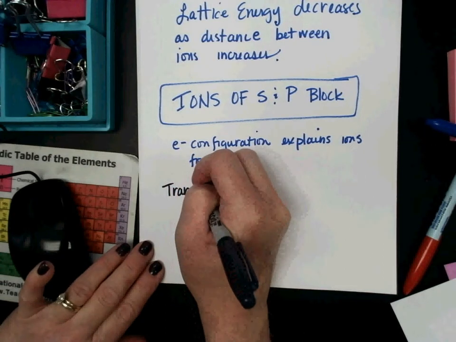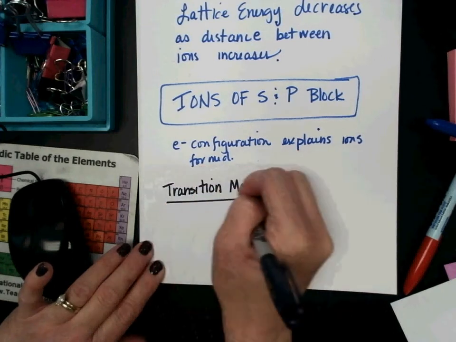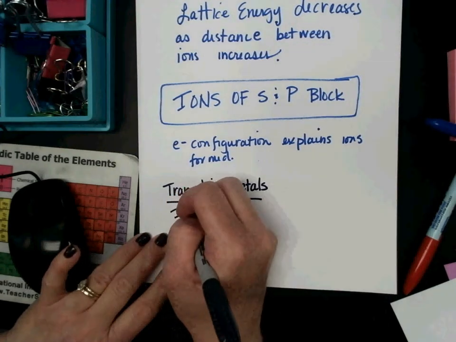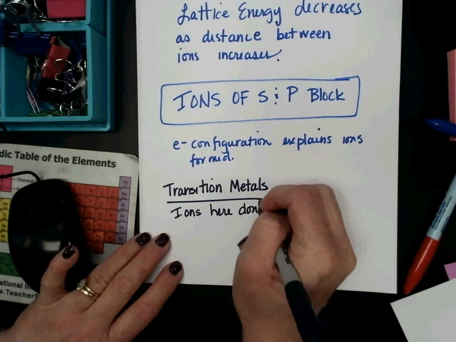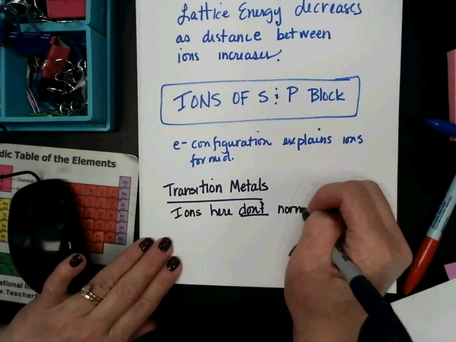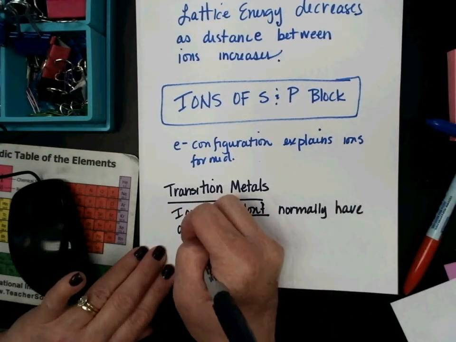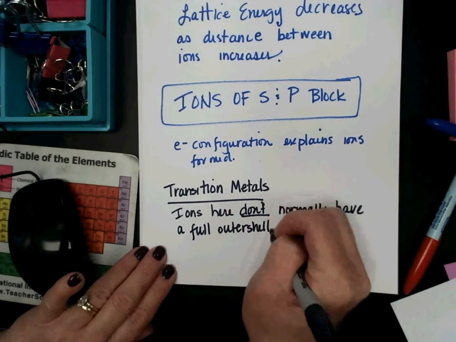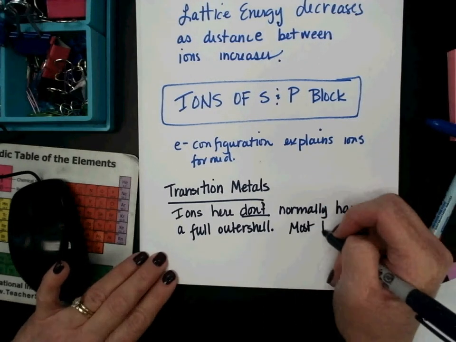When I go across the transition metals though, what happens is, my ions here, which is different than everywhere else, don't normally have a full outer shell. So they're a little bit odd in that way.